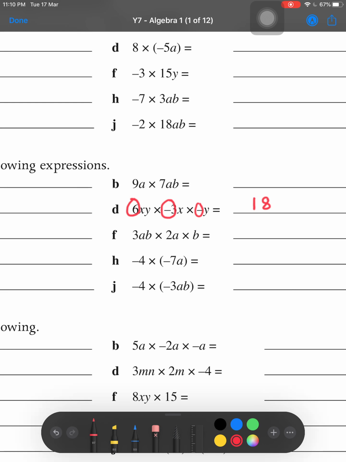So the letters should be x times y times x. If you look at these two stages, you should be able to get x squared y. And then you multiply it with y. So it becomes x squared y squared. Ooh, my handwriting is getting nicer now.